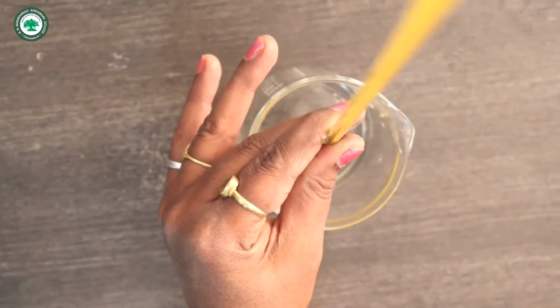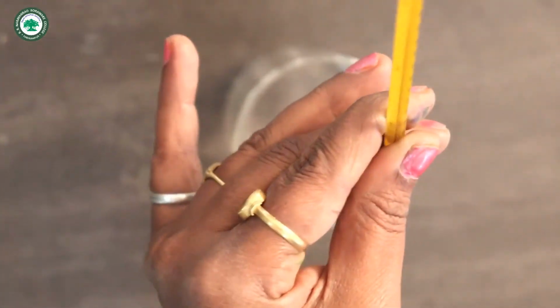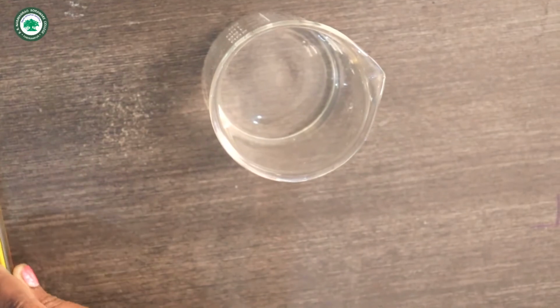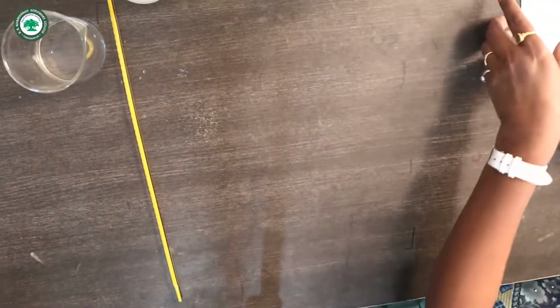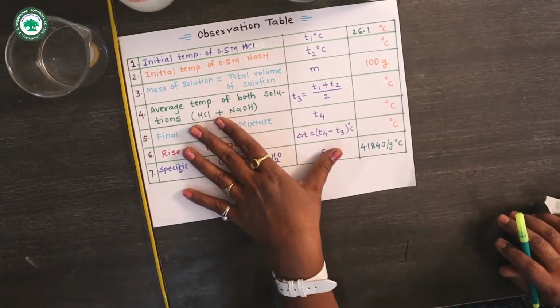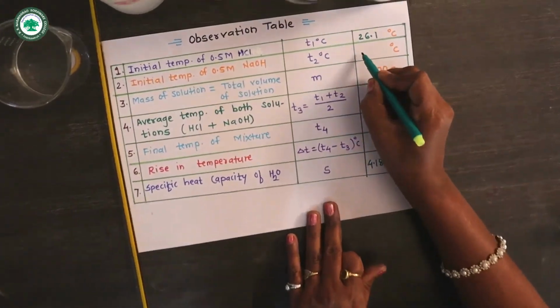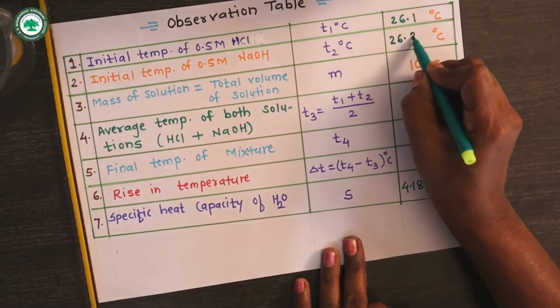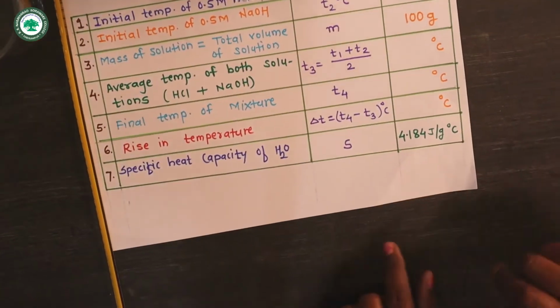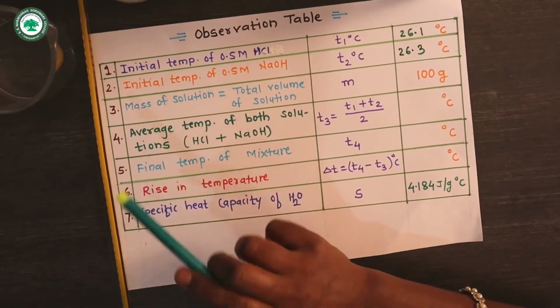So take out the thermometer from this beaker and record the temperature of this 0.5 molar NaOH solution, which is found to be 26.3 degree Celsius. Now, what is the next observation?